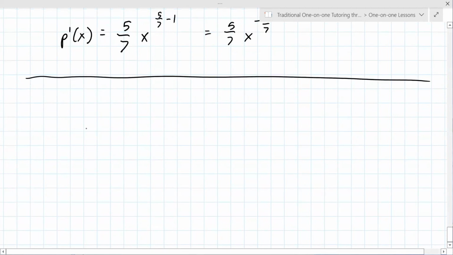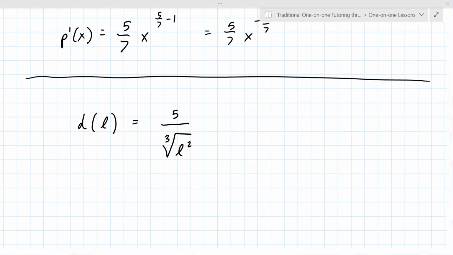Another variation of this would be d of L equals 5 over the cube root of L squared. And you have to find the derivative of this.